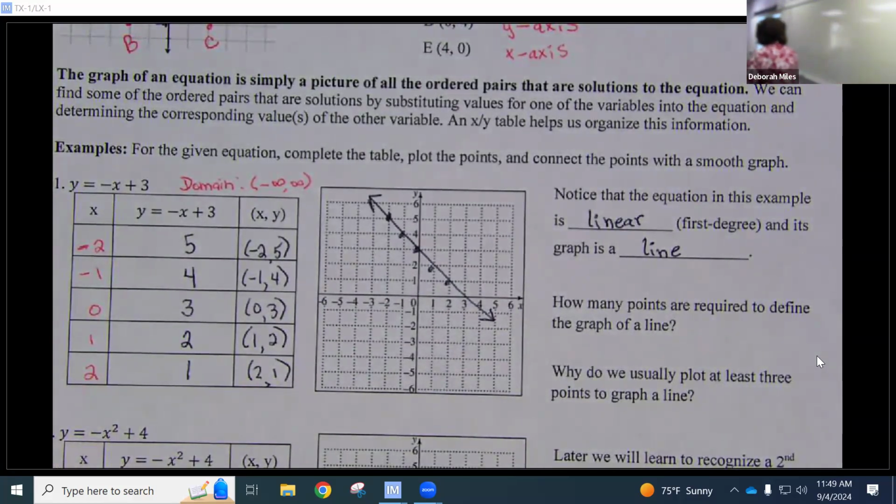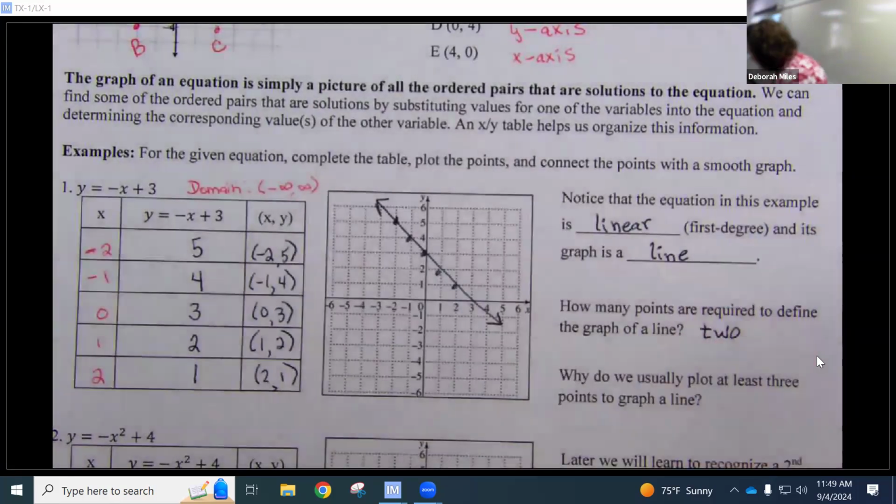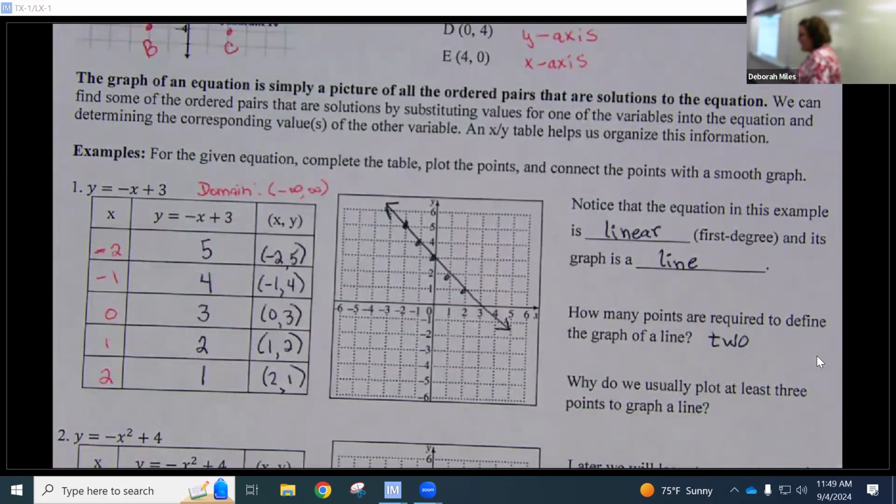How many points does it actually take to graph a line? Just 2. You give me any 2 points in the whole wide world and I can connect them with a line. So it only takes 2 points to graph a line. Why do we usually find at least 3?